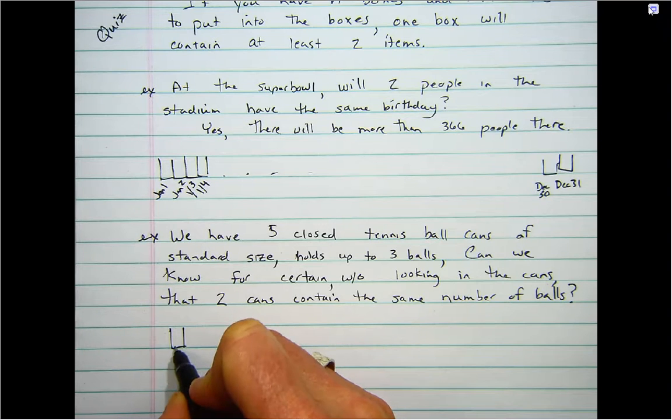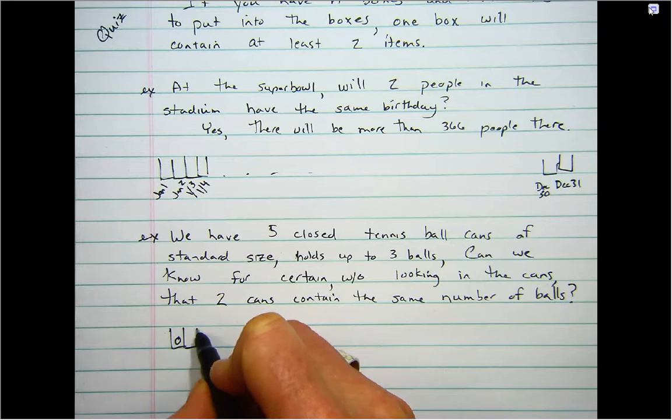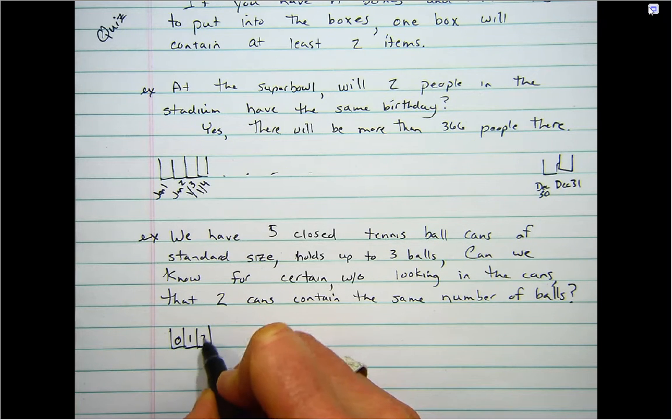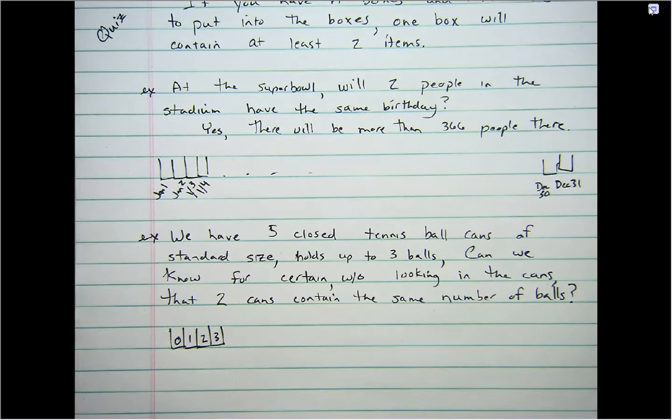Because you can make a room. We'll make little rooms here for all the cans that are empty with no balls. Make a room for all the cans that have 1 ball, a room for all the cans that have 2 balls, and a room for all the cans that have 3 balls. And if you take these 5 closed cans and put them each in the room, depending on how many balls they have, at least one of those rooms has to have at least 2 cans.